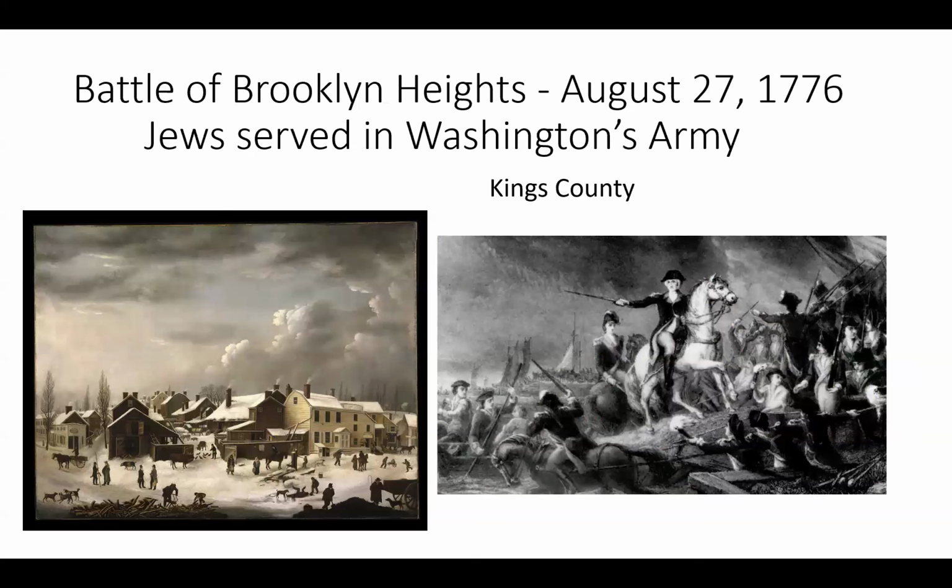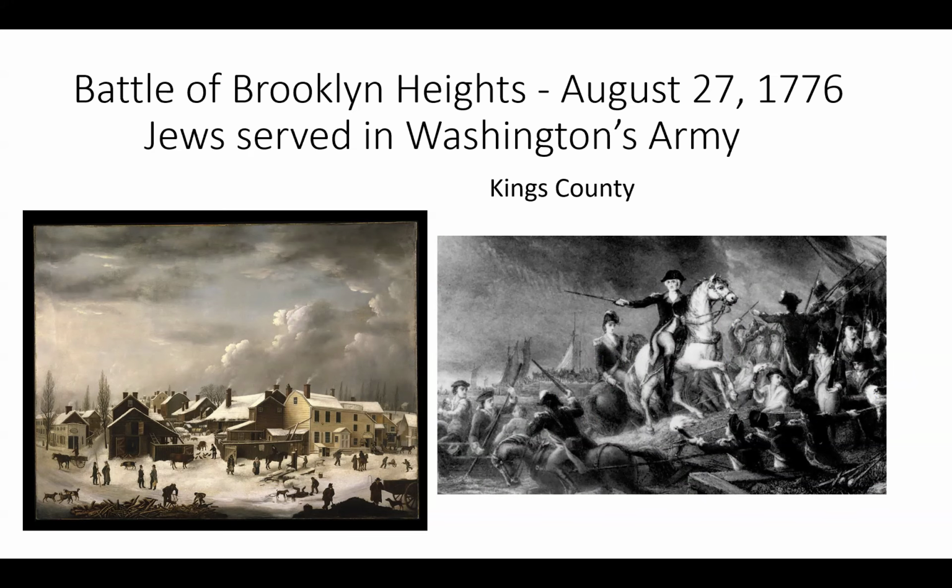The next big event in the history of Brooklyn was during the American Revolution. The English landed off the coast of Brooklyn and started marching across Brooklyn on August 27, 1776.